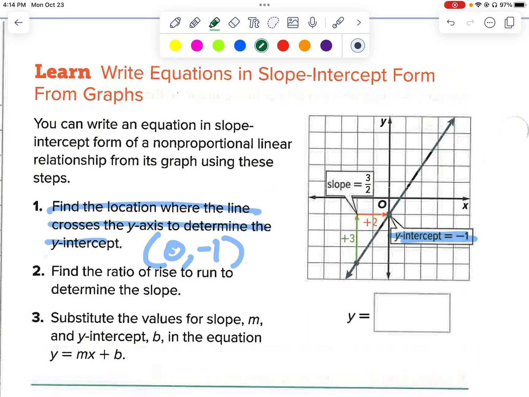Then I have to find slope. Remember, slope is rise over run. So my slope for this is 3/2. So now I'm going to put it in my equation. 3/2 x minus 1. And that's all we do.